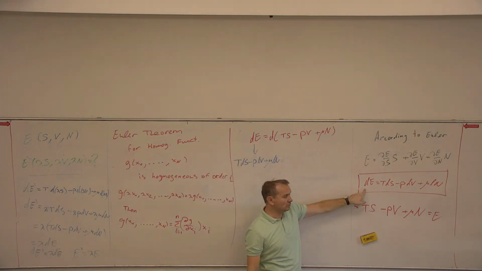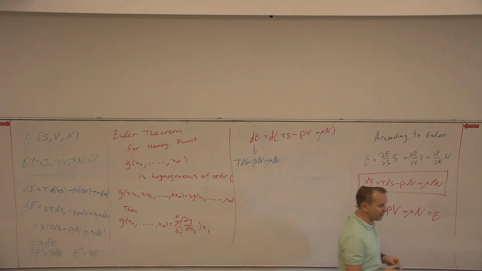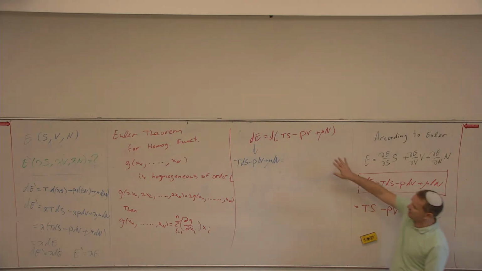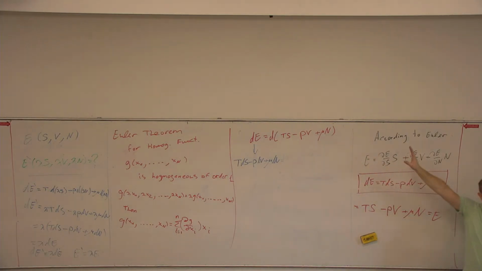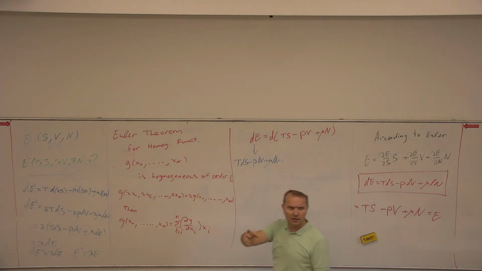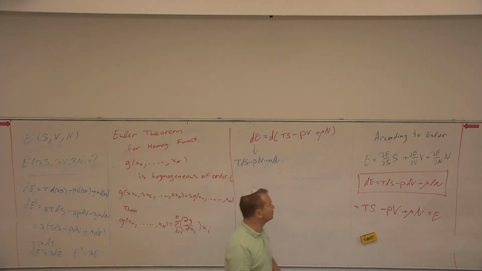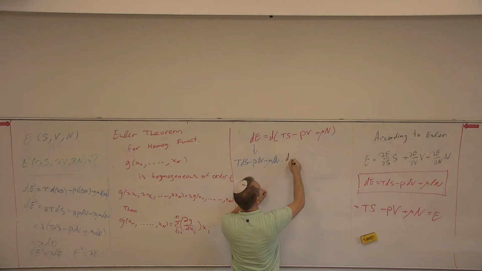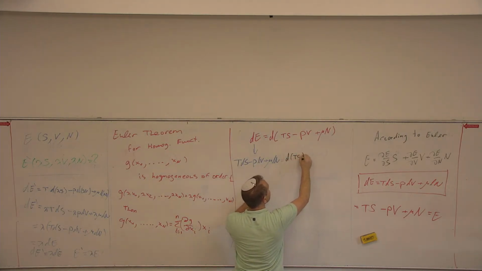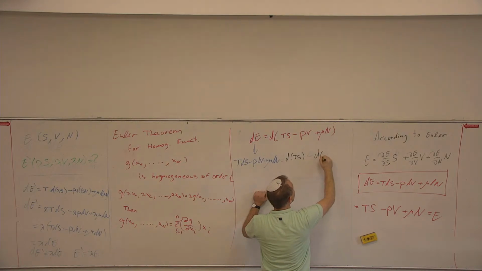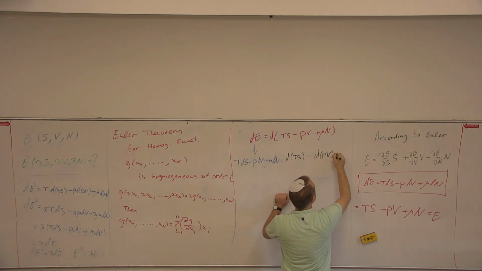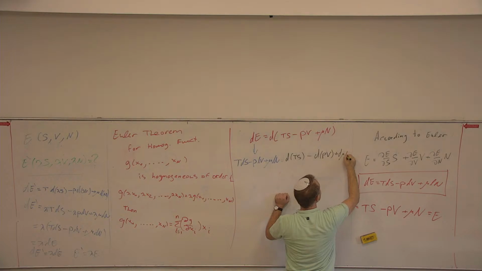Where from? Well, this is the regular expression for the differential of the energy. This is the first law of thermodynamics. The right-hand side is whatever I obtain from the second law of thermodynamics and assumptions about continuous representation of my functions, and the Legendre transformation, so a bunch of calculus. What we have here is d of TS minus d of PV plus d of mu N.